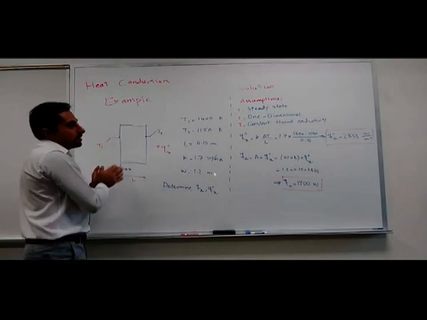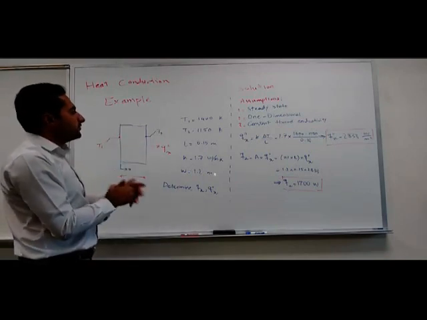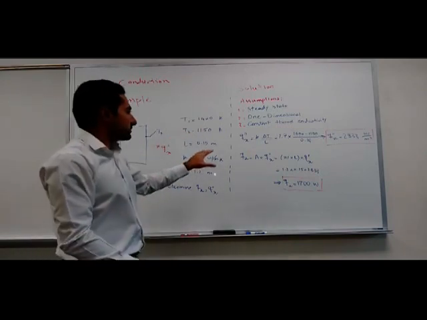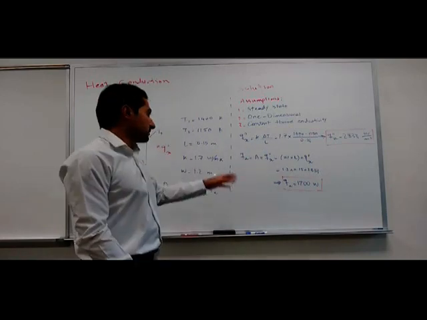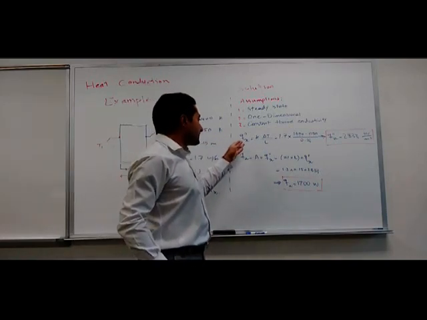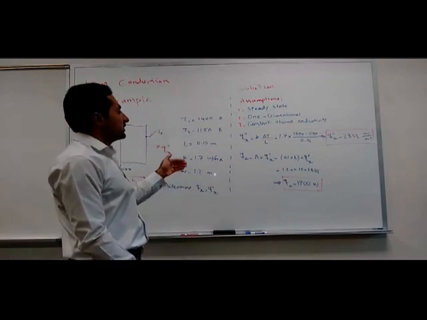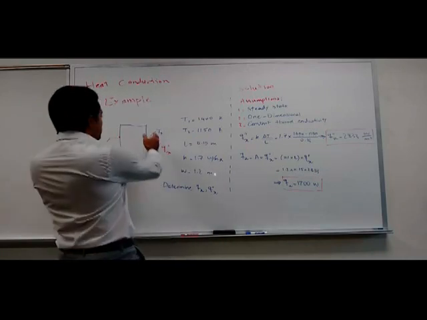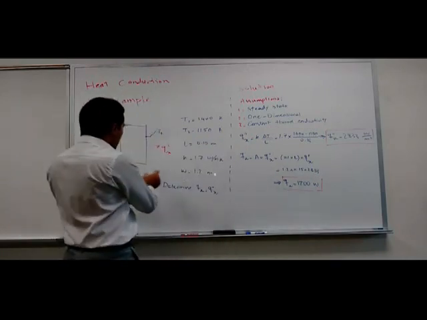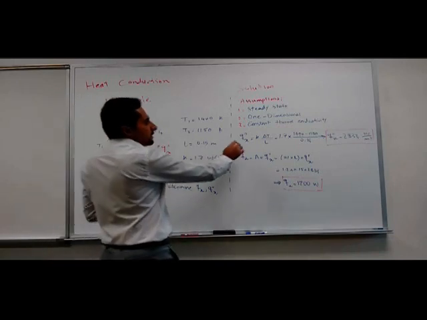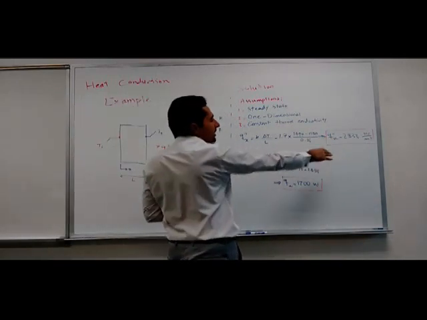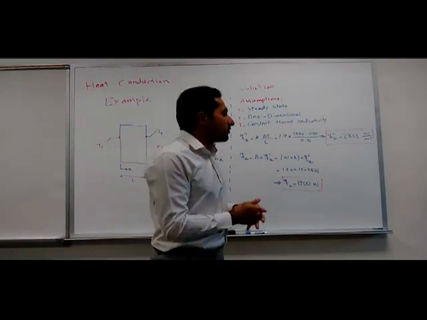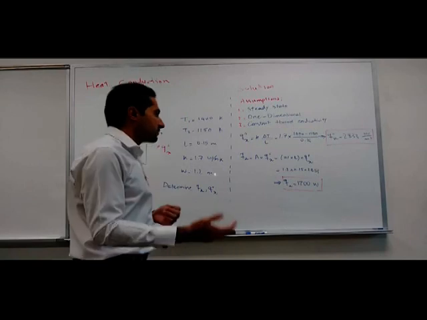meaning that the thermal conductivity of the material is constant anywhere in the material. If you put all of the known parameters in Fourier's law of conduction, which says that heat flux in X direction is equal to thermal conductivity of material times temperature difference over the length of the material, it gives that heat flux in X direction is equal to 2833 watts per meter squared.